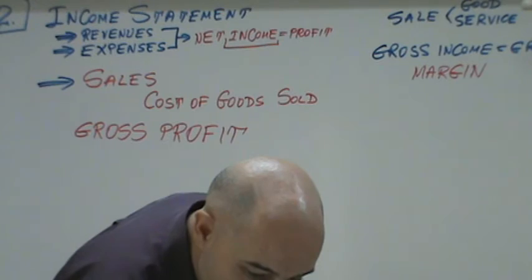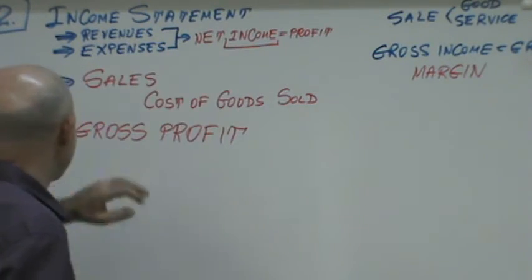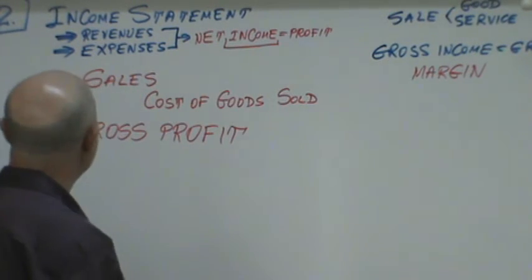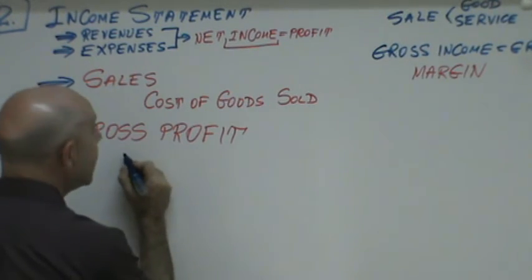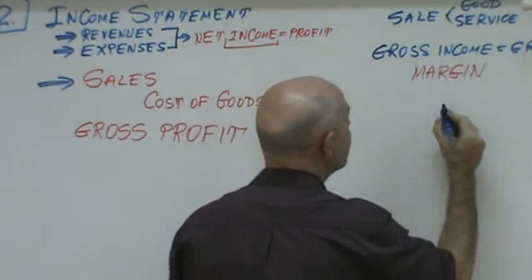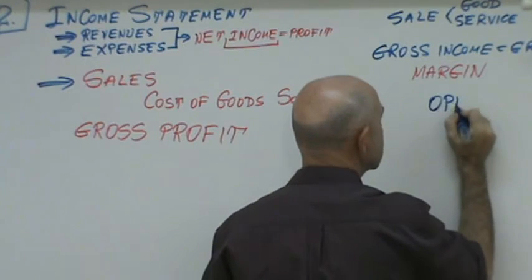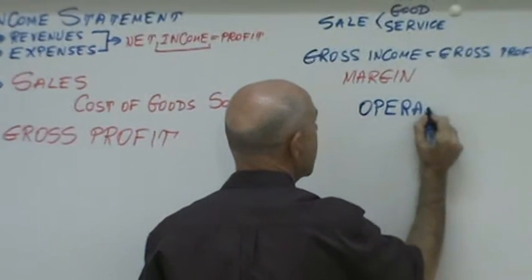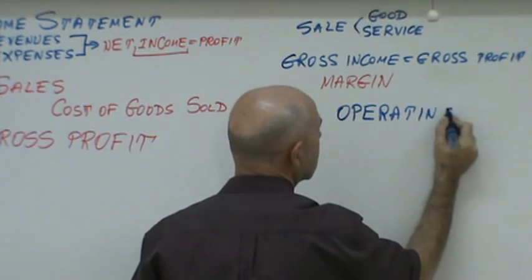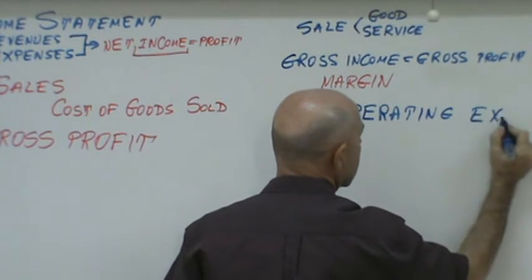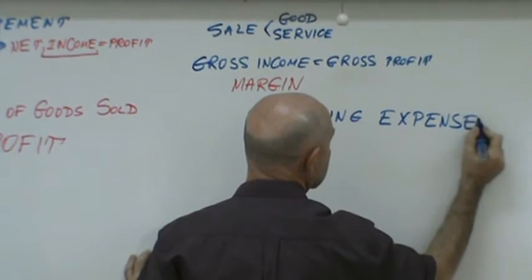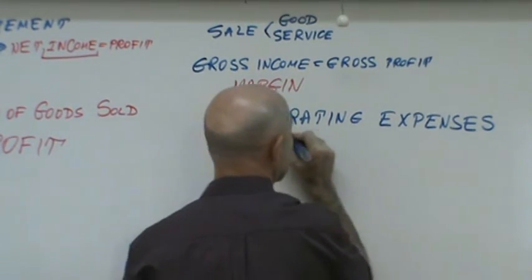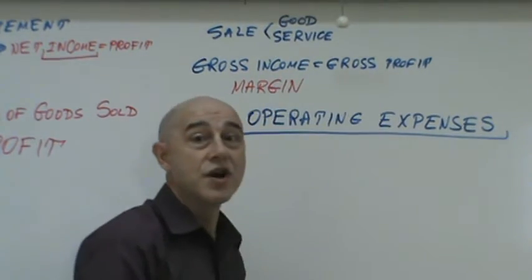Next, you get a whole bunch of expenses. And these expenses, now I'm going to switch colors a little bit. We call them operating expenses. So, you have a lot of stuff.